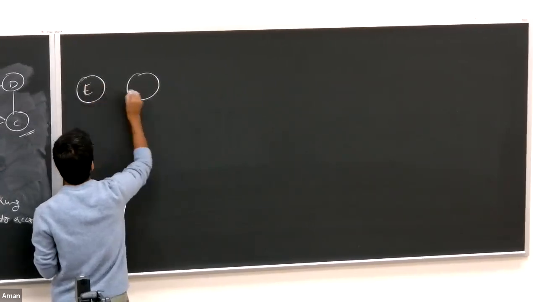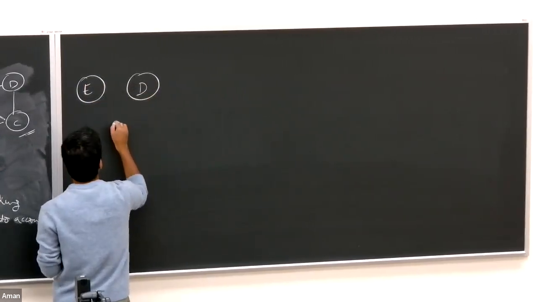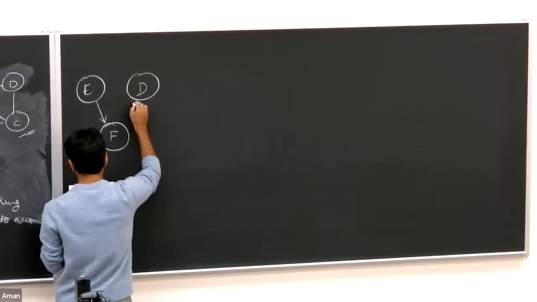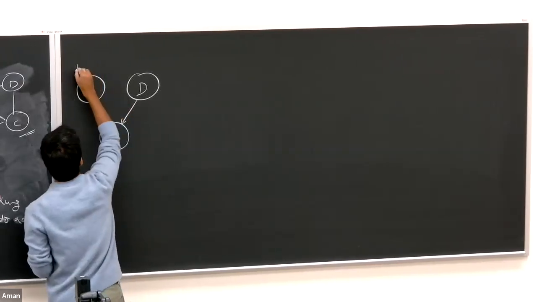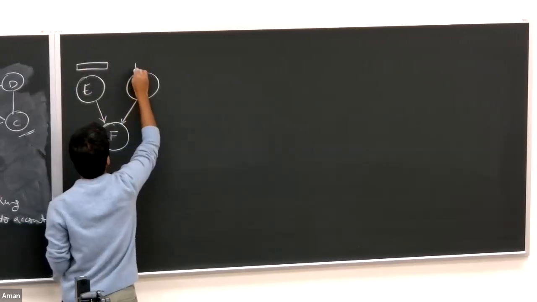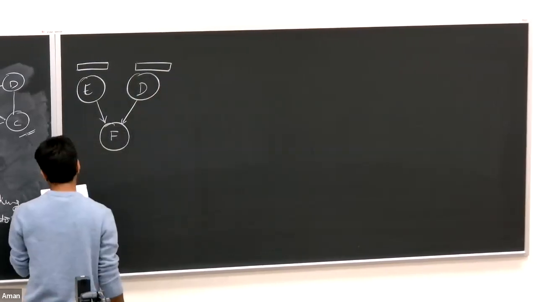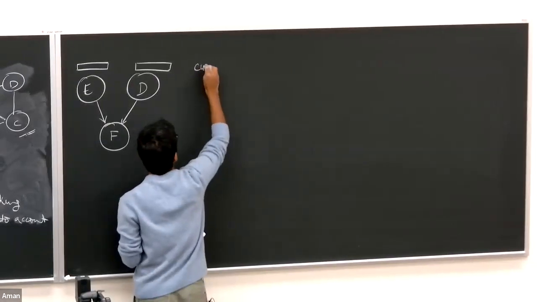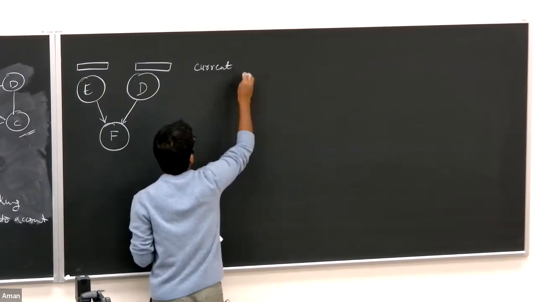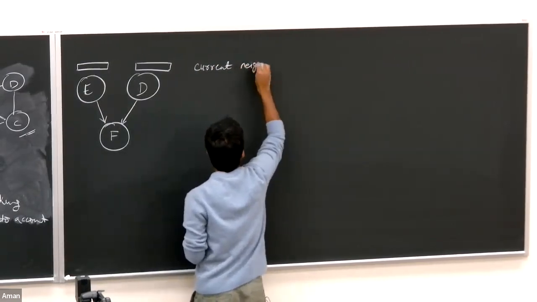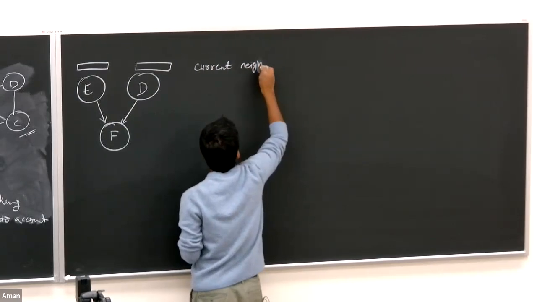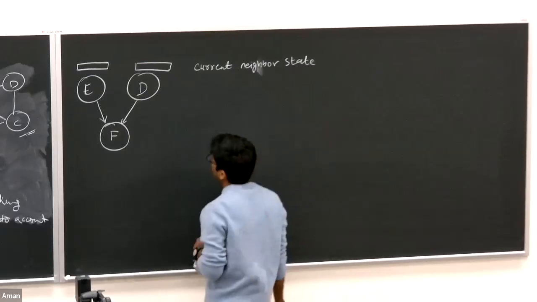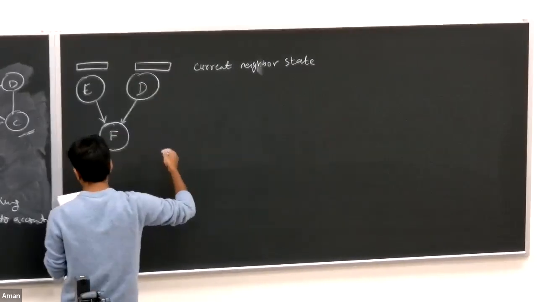We have E, we have D, and we have another node F. This is the representation, and these are the current neighbor states, which are the vector representations at this time step.